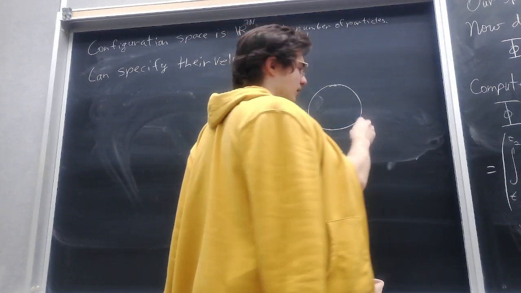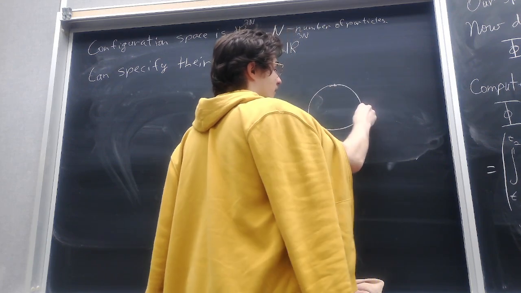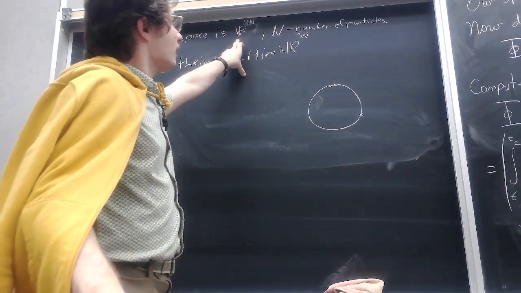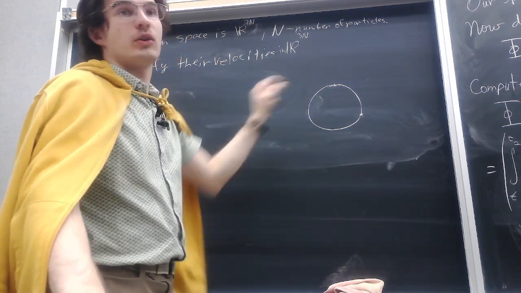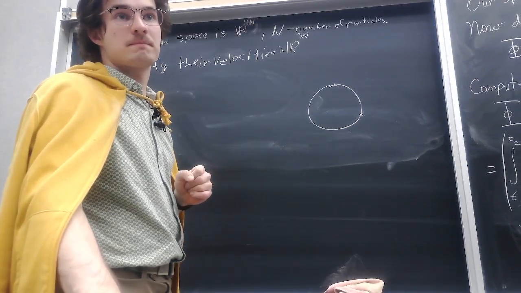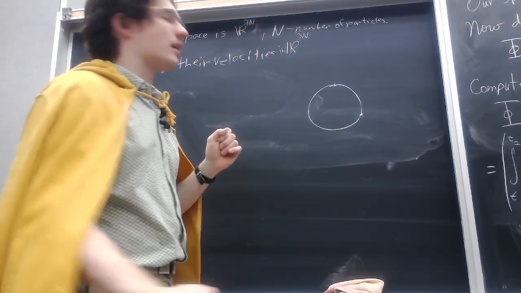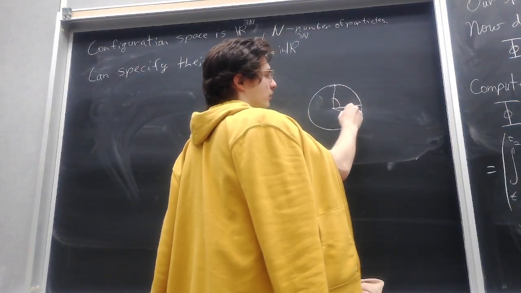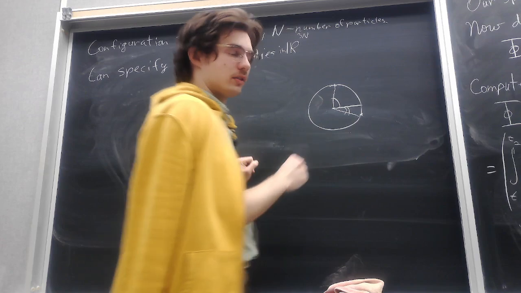I had 2 particles on a ring, and this ring was fixed. Do I then need 6 coordinates to tell you where these 2 particles are? No, I only need 2 coordinates. I only need to tell you the angle this one makes with this, and the angle this one makes with this. That's all I need to tell you.